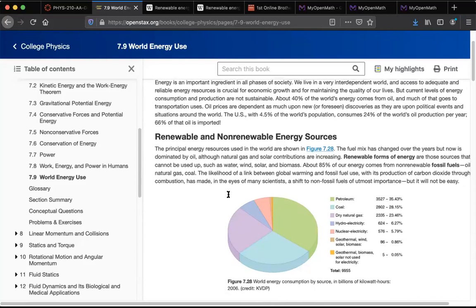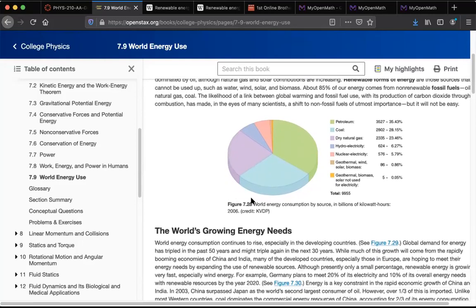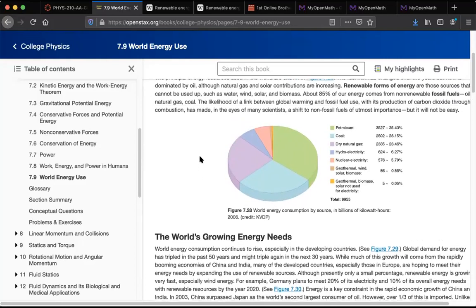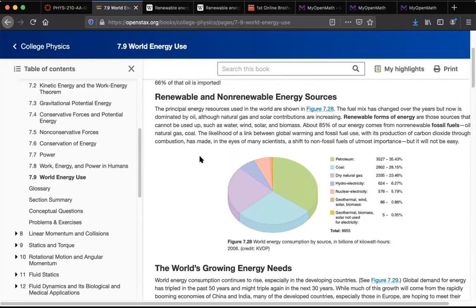Let's see, what they say is, yeah, this is energy consumption. They have the pie chart, and it's from 2006, right? So you can get more up-to-date numbers on Wikipedia. Wikipedia has some pretty decent information about this.